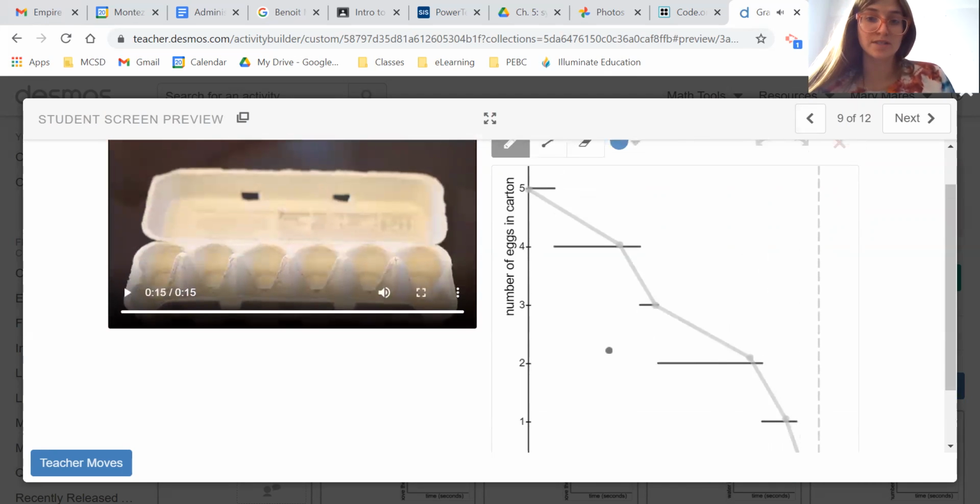So this is interesting because these lines show us that it just goes straight from 5 to 4. We don't go in between 5 and 4. At no point in time do you have like 4.5 eggs. No, you go from 5 and then it drops down to 4. And we stay with just 4 for a while, and then it drops down to 3. Then drops down to 2. Then drops down to 1.